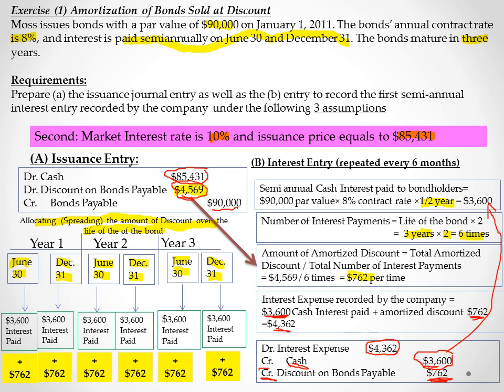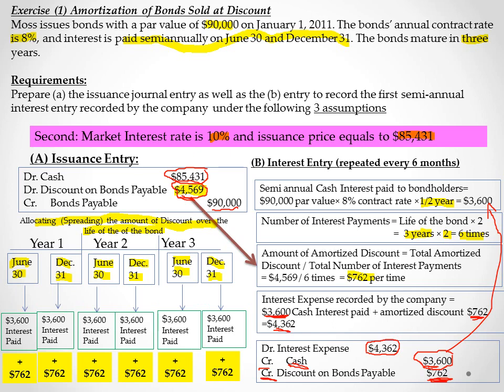What will happen? We need to know the amount of cash that the bondholder will receive each 6 months, which will be 3,600. This is the amount that we're going to credit as cash. This is the cash interest payment, the one that we have calculated here.